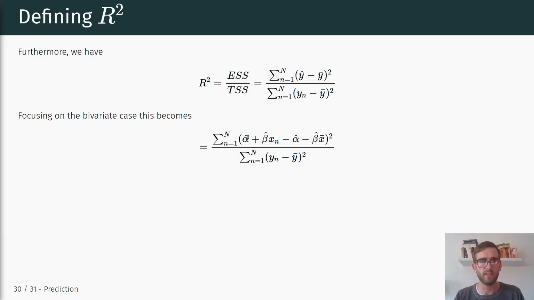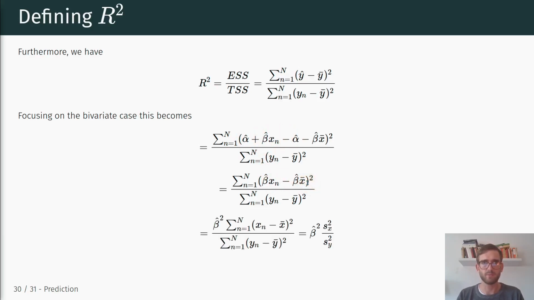So we have alpha hat plus beta hat xn minus alpha hat minus beta hat x bar, because this is y bar, of course. If we plug this in, we can simplify, because alpha hat cancels out and we're left with this expression.